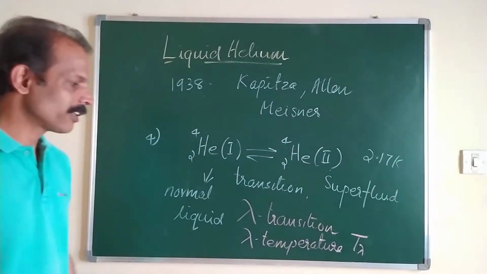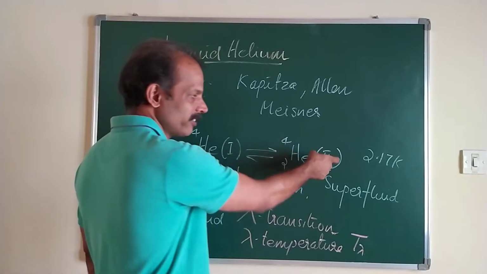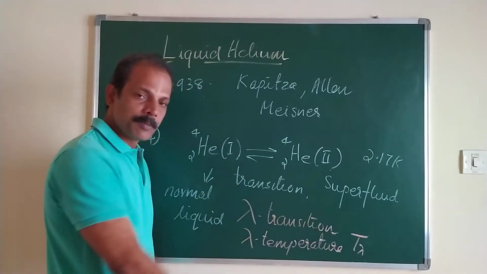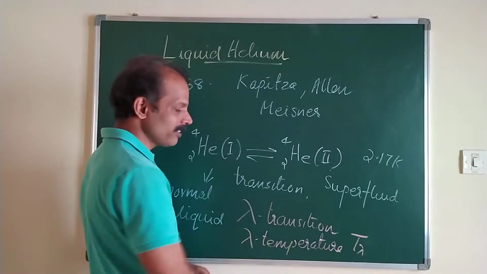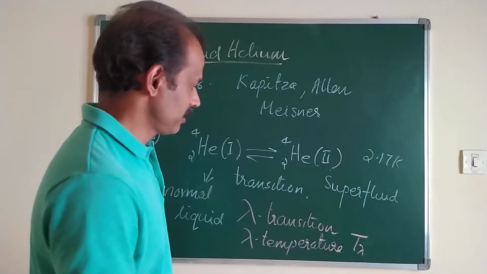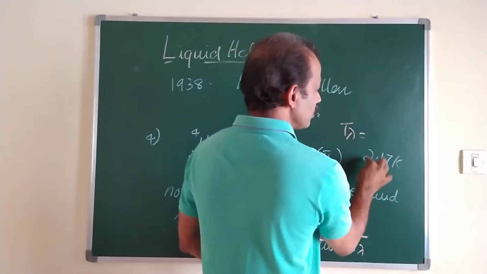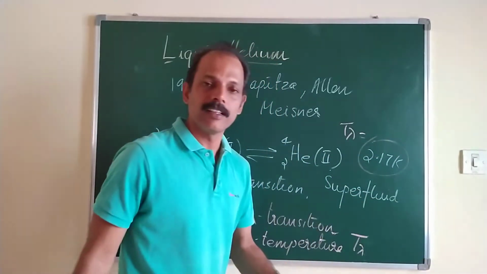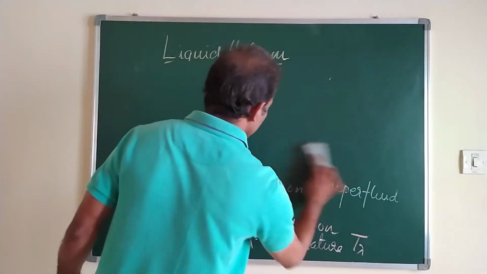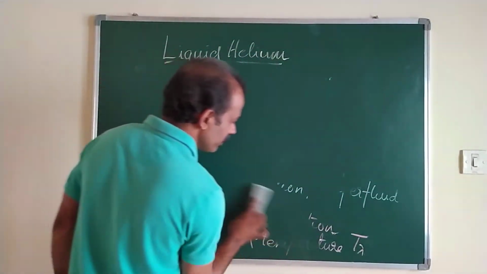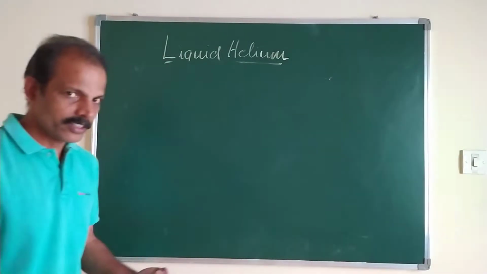So the transition of helium phase 1 to helium phase 2 is known as the lambda transition, and the temperature at which this transition happens is known as the lambda temperature. T lambda is 2.17 Kelvin. And we can draw the phase diagram of liquid helium.